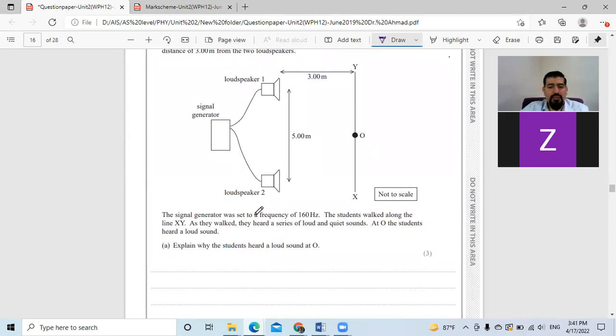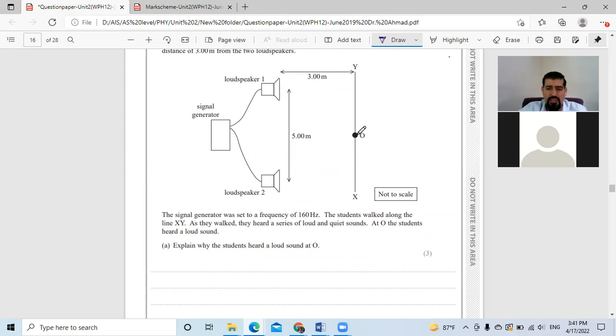The signal generator was set to a frequency of 160 hertz. The students walked along the line XY. As they walk, they hear a series of maxima and minima, loud noise and quiet noise. At O exactly, the student hears the loudest sound. Explain why the student hears a loud sound at O.